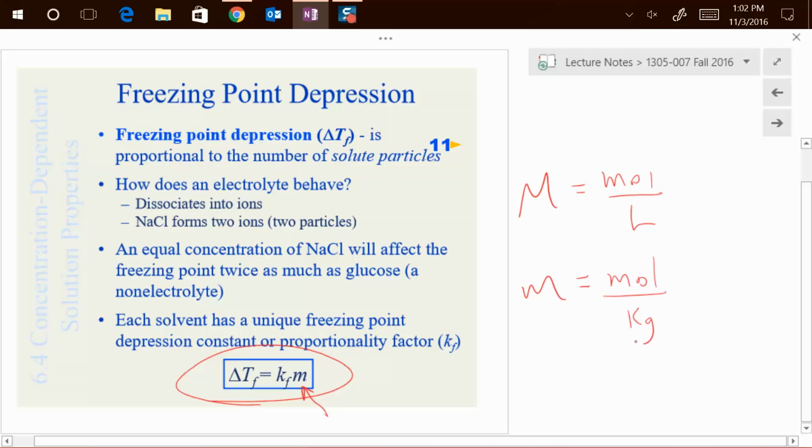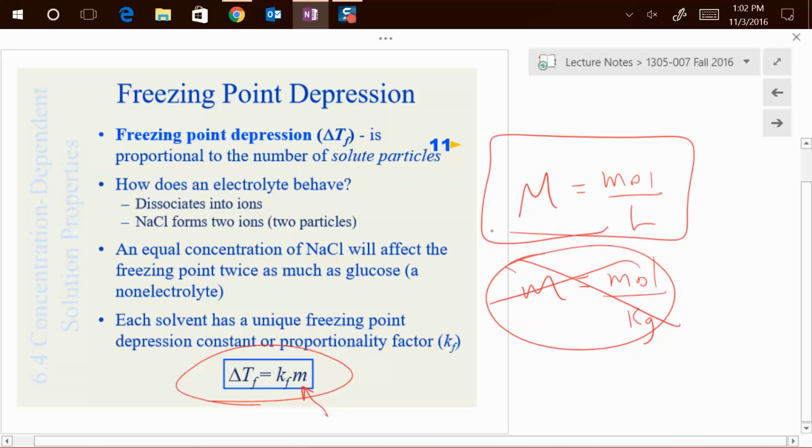But don't worry about this. Anytime you see that, just consider it to be molarity, because in water solutions, these are essentially the same, close enough. So for what you're doing, don't worry that it's a little m. If we were using a solvent other than water, it would make a big difference between molarity and molality.